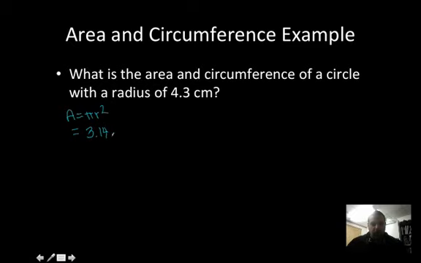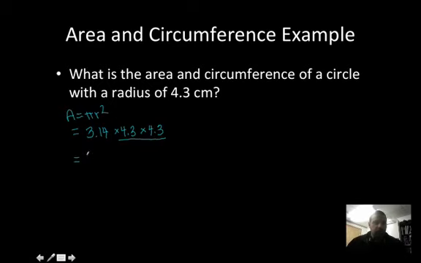3.14 multiplied by radius, which is 4.3, and to show that it's radius squared, I'm going to multiply by the radius again. Here we have this part of the equation is the radius squared, 4.3 times 4.3.